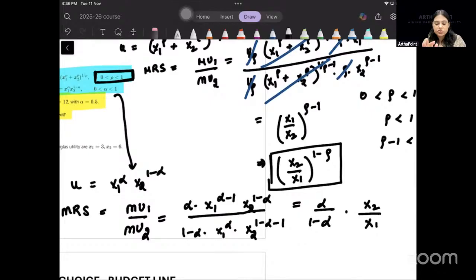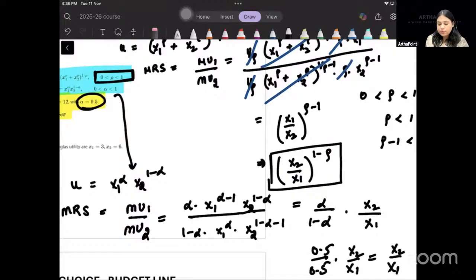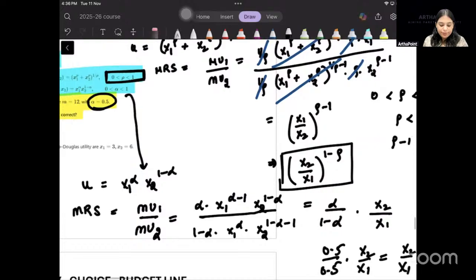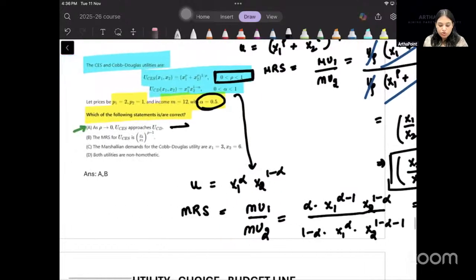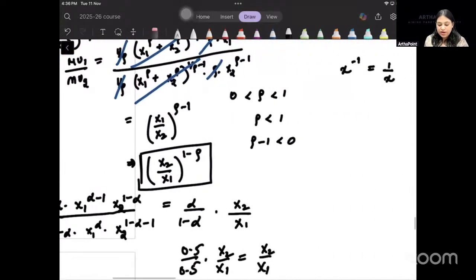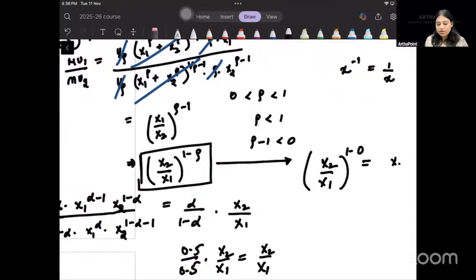This is the MRS. And if I plug alpha as 0.5 here, I'll get 0.5 upon 0.5 times x2 by x1, that means x2 by x1. And if I put, according to option A, rho as 0, I will get (x2/x1)^(1 - 0), meaning x2 by x1.